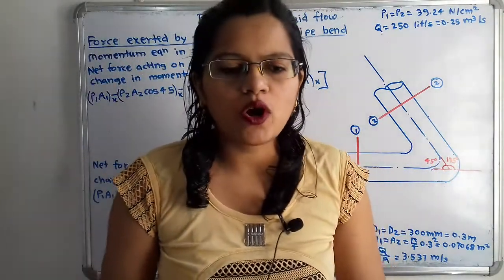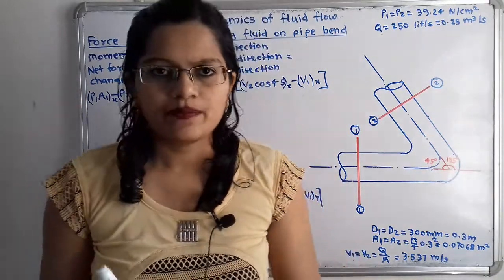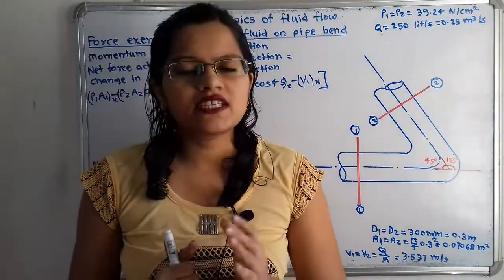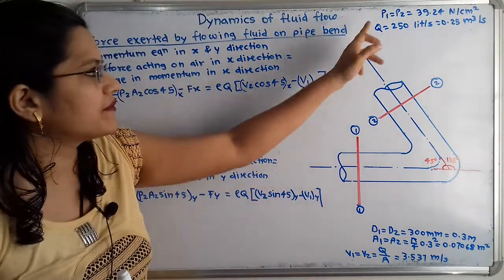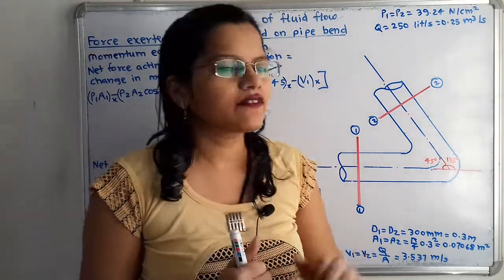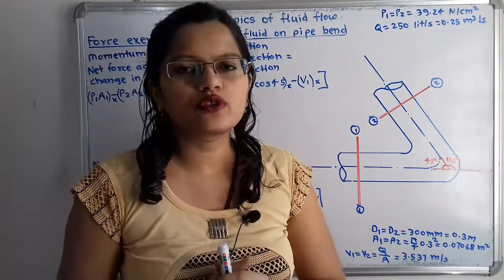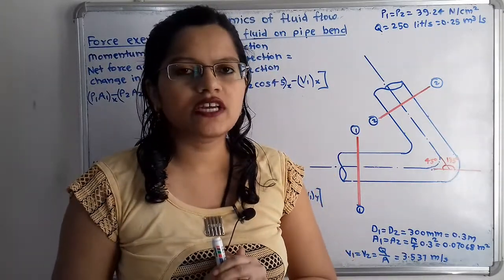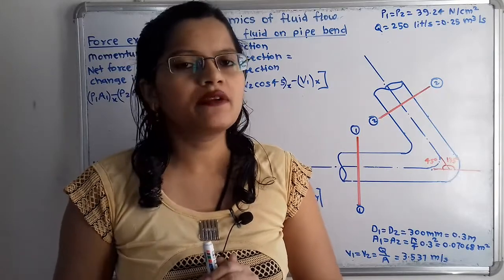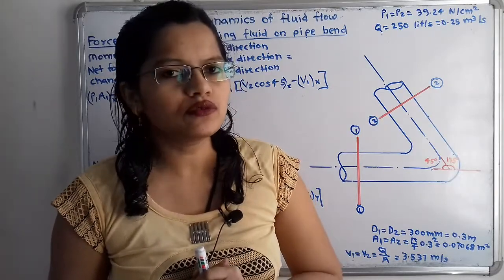Now we have to plot the given data. Here the pressure at section 1 and section 2 is given. That means pressure intensity P1 is equal to P2 is equal to 39.24 Newton per centimeter square. So what is the pressure force? That is P1A1 and P2A2, that we have to show.